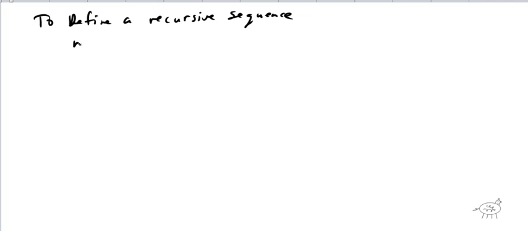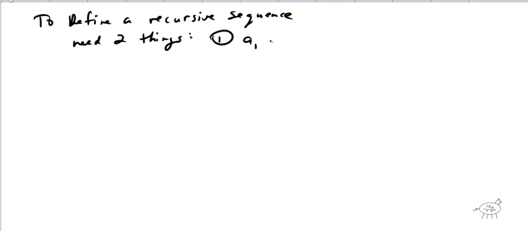Okay, so let's talk about how to define a recursive sequence. To define a recursive sequence, you need two things. The first one is you need to give me the first term.